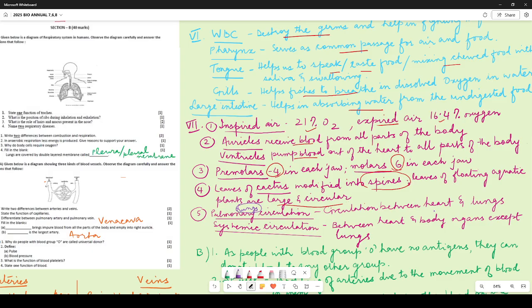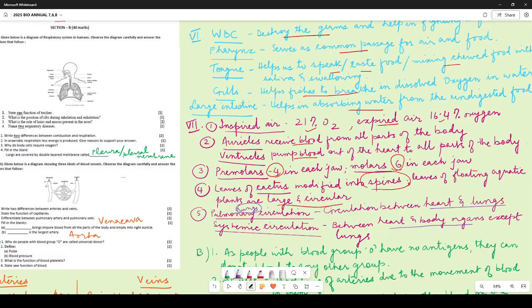So circulation between heart and lungs is called pulmonary circulation. Systemic circulation, the circulation of blood between heart and body organs except lungs. So when the blood circulates between heart and other body organs except the lungs, that is called systemic circulation. And you remember, that is why we have a double circulation of blood in our body.